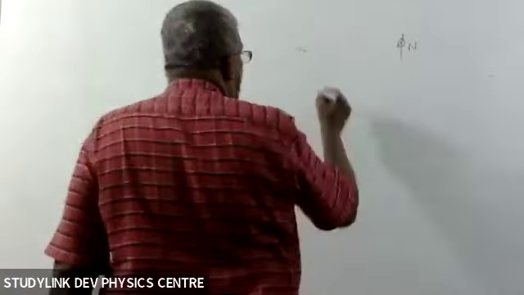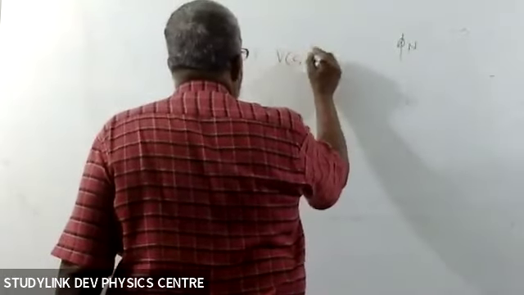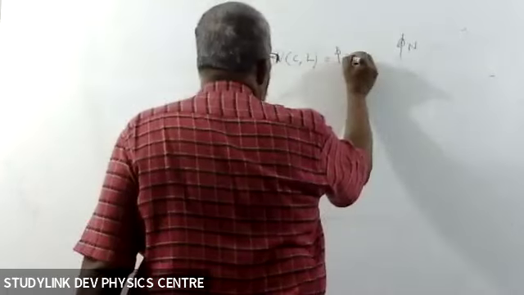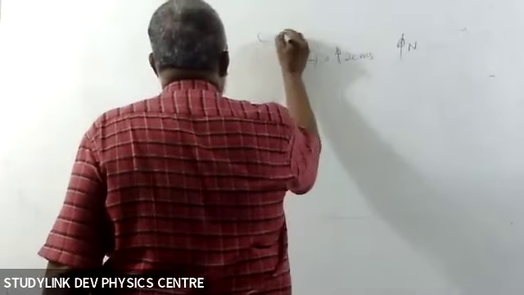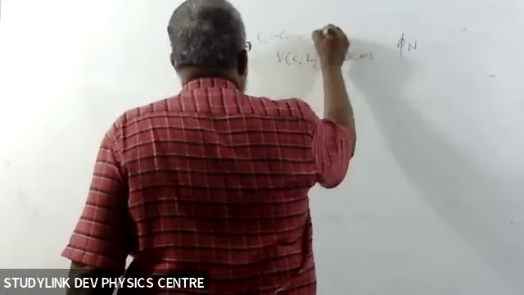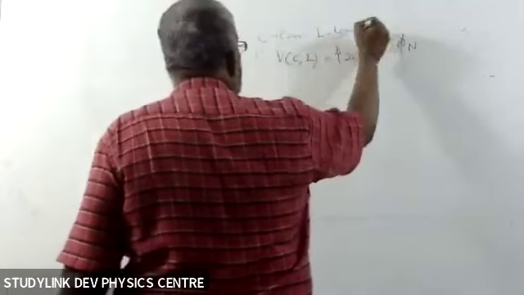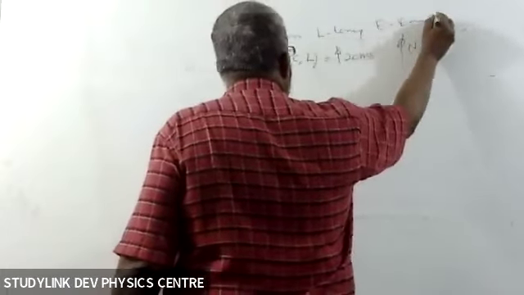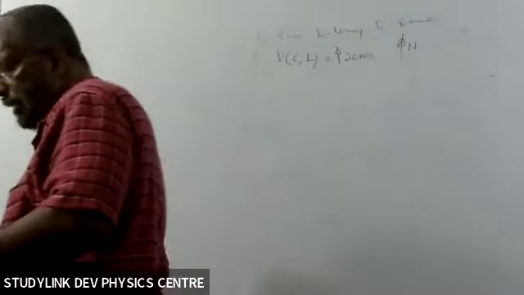So the velocity of the car relative to the lorry is towards this direction, 20 m/s. First you better write C is car, L is lorry, E is earth. In second paper, in CQs, there is no need to write like that.